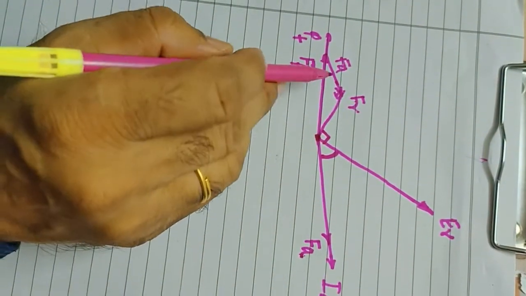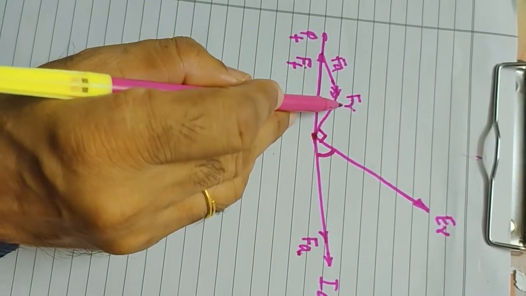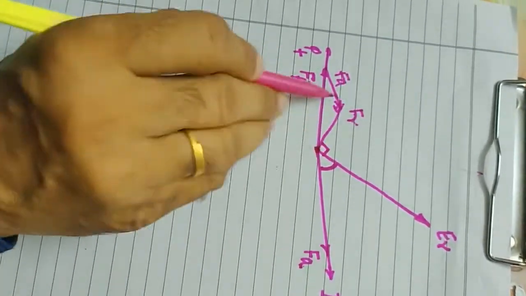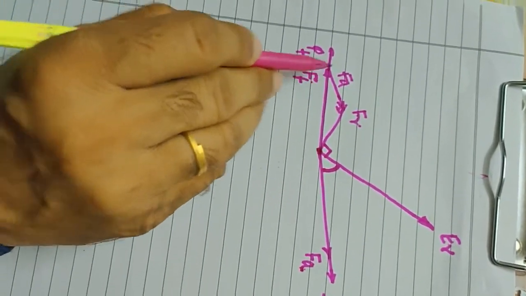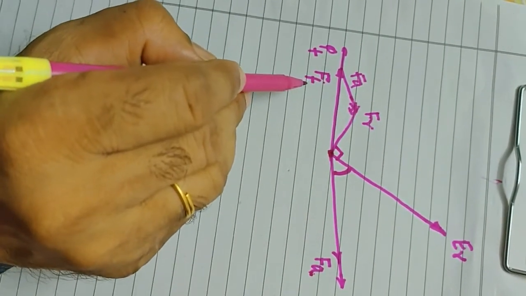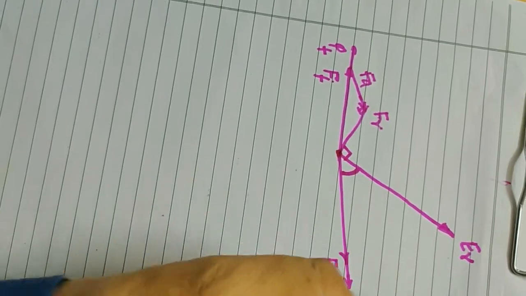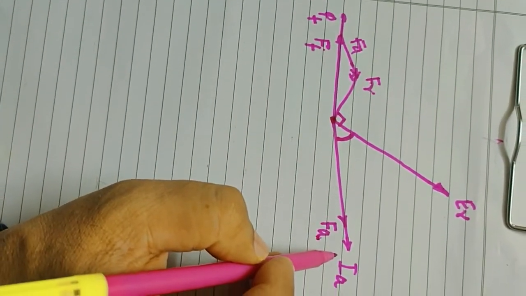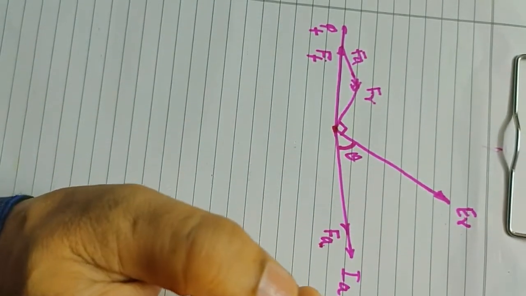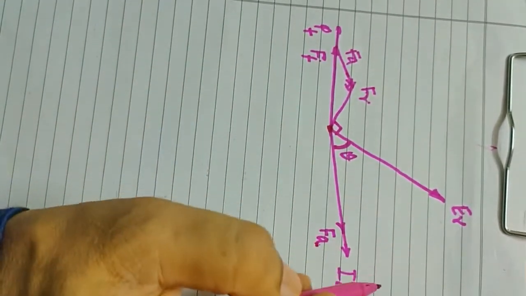So FF, FA and FR are the air gap flux quantities, magnetic quantities. This is the space phasor diagram. Now this is ER, this is IA, this is theta, the short circuit power factor angle.